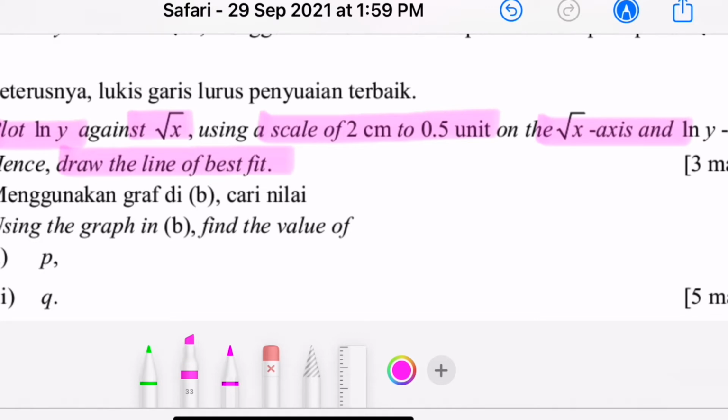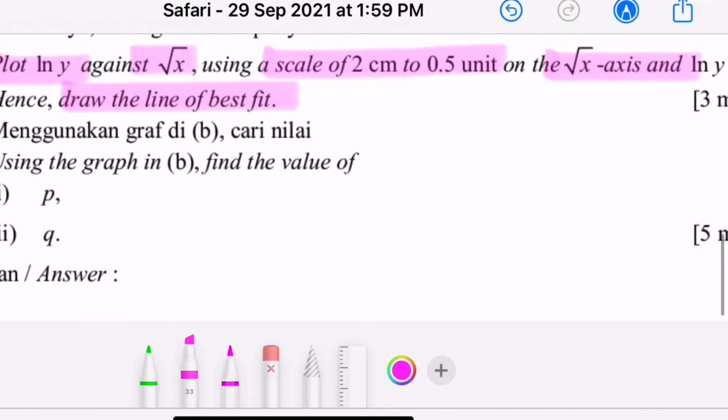So now I'm going to teach you how to read the gradient and intercept carefully. Before we read the gradient and intercept, we must make sure the line is a line of best fit. So I'm going to explain what a line of best fit is. Please stay focused on the definition of line of best fit. After that, we will use the gradient and the intercept to solve for the constants.